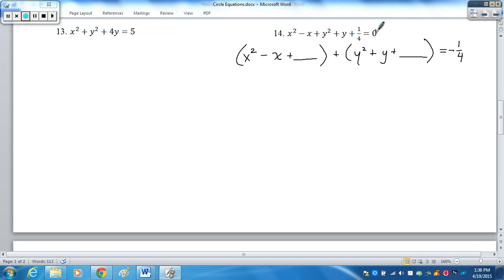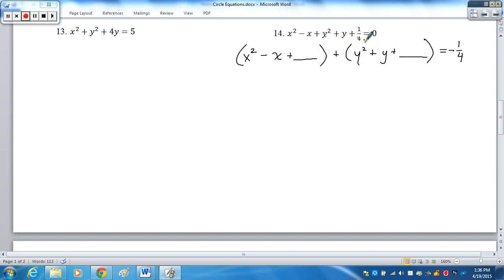Well, if I were to go ahead and look at these three terms right here, the factors of y squared would be y and y. The factors of 1/4 are either 1/4 and 1 or 1/2 and 1/2. Again, square rooting 1/4, the square root of 1/4 is 1/2 and 1/2. So as a result, if I take y, let's see here.